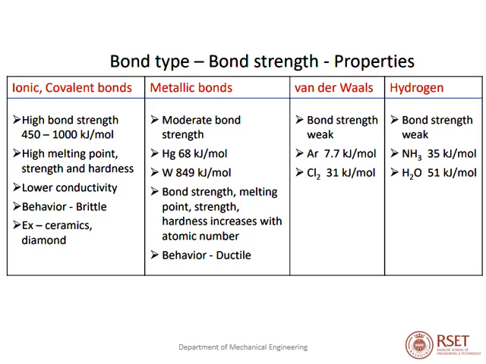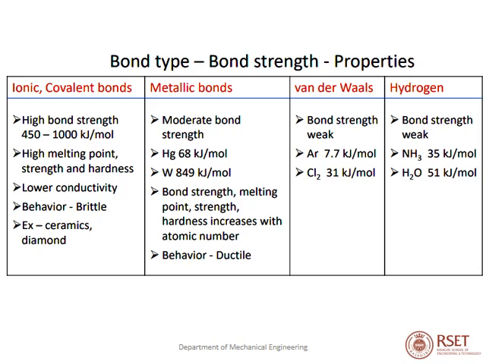Behavior is generally ductile. Then secondary bonds, if you come across van der Waals, the bond strength is weak. You can see argon and chlorine molecules, 7.7 kilojoules per mole and 31 kilojoules per mole. So bond strength is very low compared with the earlier bonds. Then hydrogen bond, it's a weak bond strength.